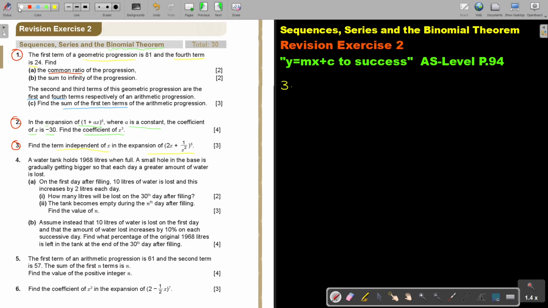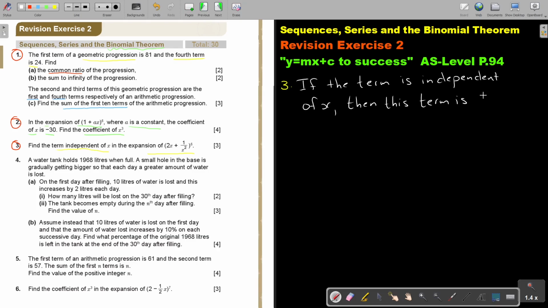Okay, so let me just write it down for you. If the term is independent of x, then this term is the constant term.